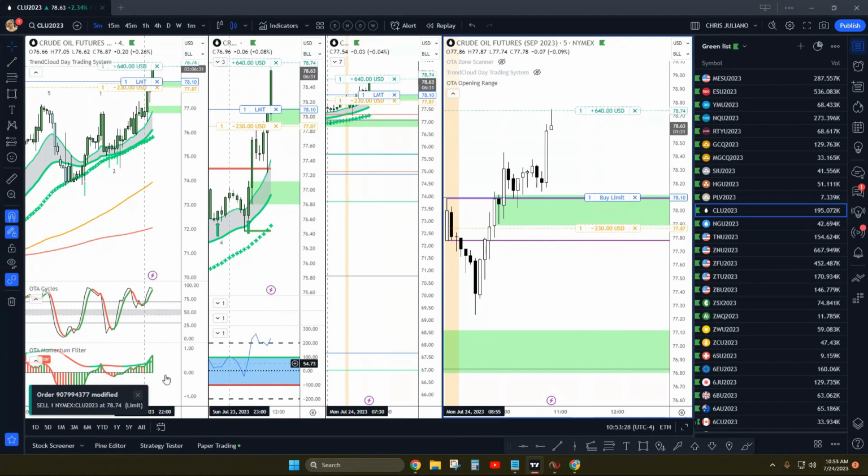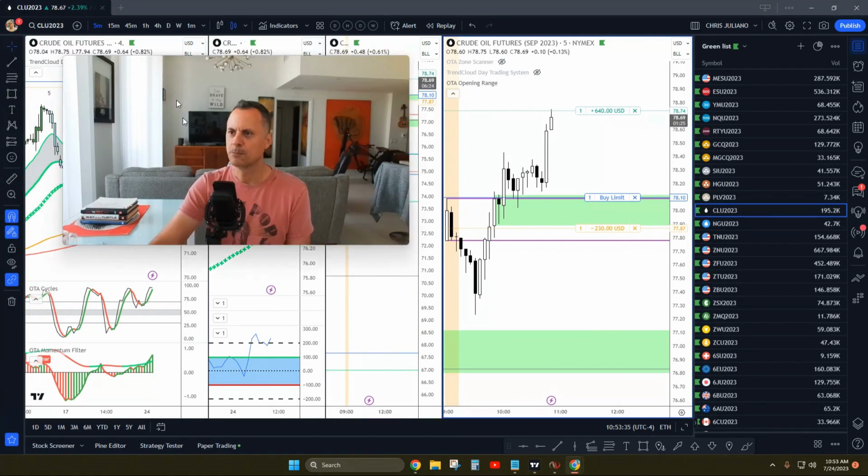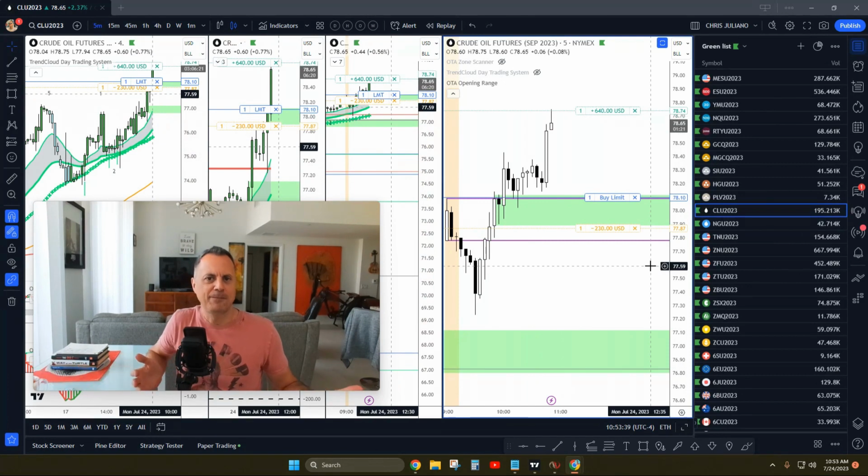Beautiful job. Put the camera back on. So beautiful job, right, guys? Using Trend Cloud, using the strategies that we put together, and reading the context of the trade on multiple time frames.